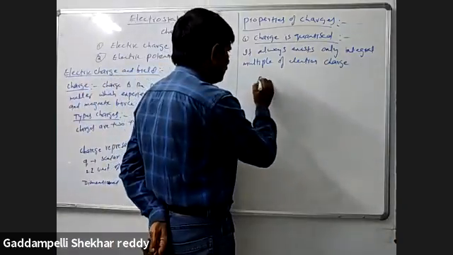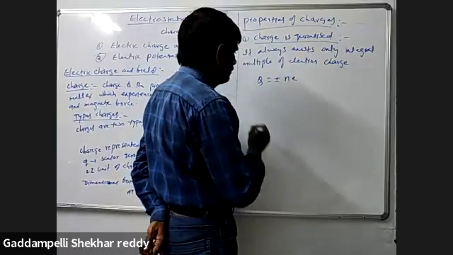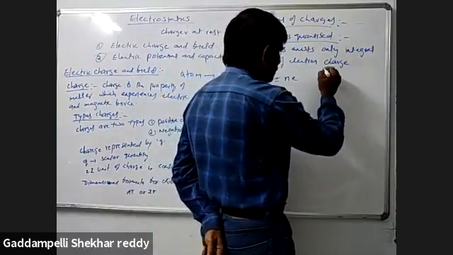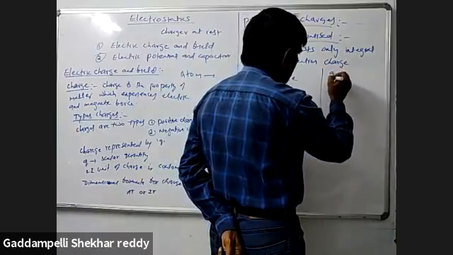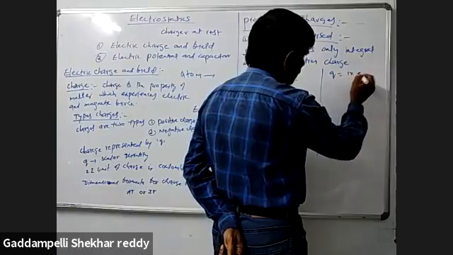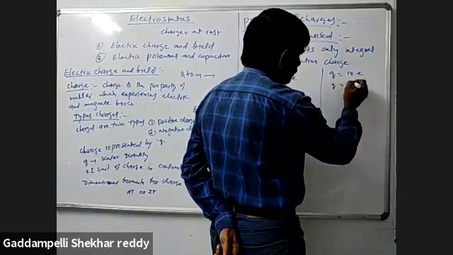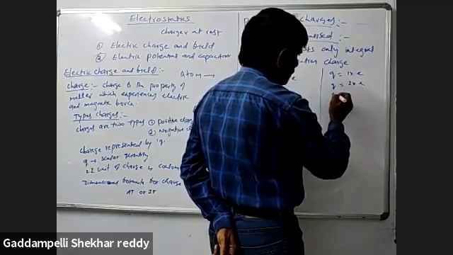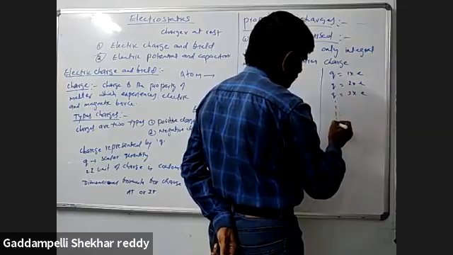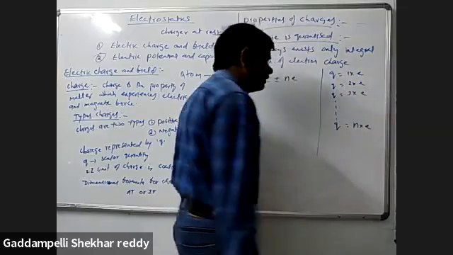So here Q is equal to plus or minus Ne. Suppose if we remove one electron, Q is equal to 1 times e. Remove 2 electrons, Q is equal to 2 times e. Remove 3 electrons, Q is equal to 3 times e. That means if n electrons are removed, Q is n times e.